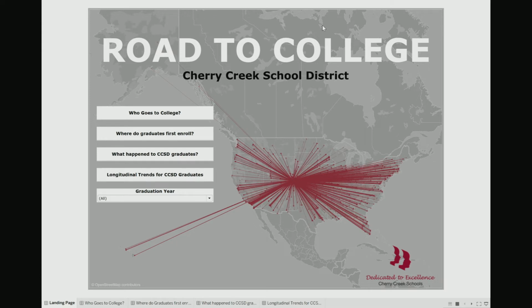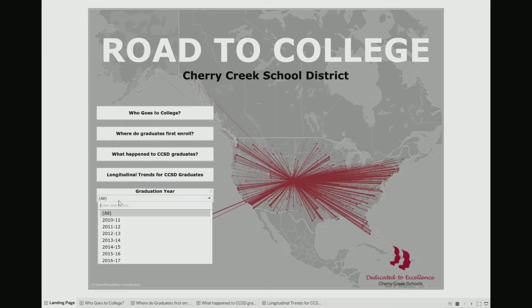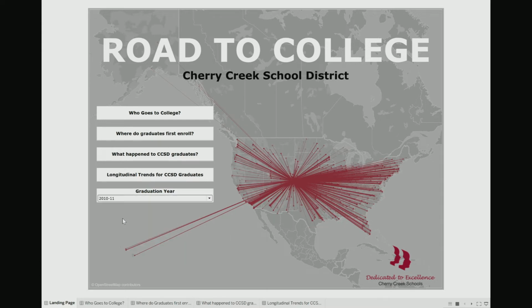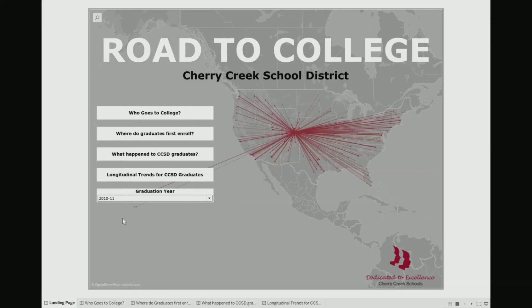What's represented here is we have data that goes all the way back to the school year 2010-2011. So since that time, where do all of our students go? If we were to switch the year on this, and I'm super excited for Tableau 2018. We're still on 10.5 in our district.